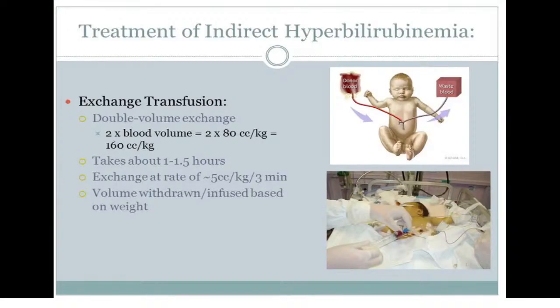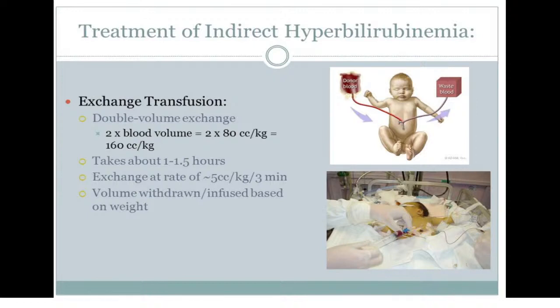The exchange should be carried out over 45 to 60 minutes through a catheterized umbilical vein with aspiration of 20 milliliters of infant blood, alternating with infusion of 20 milliliters of donor blood.